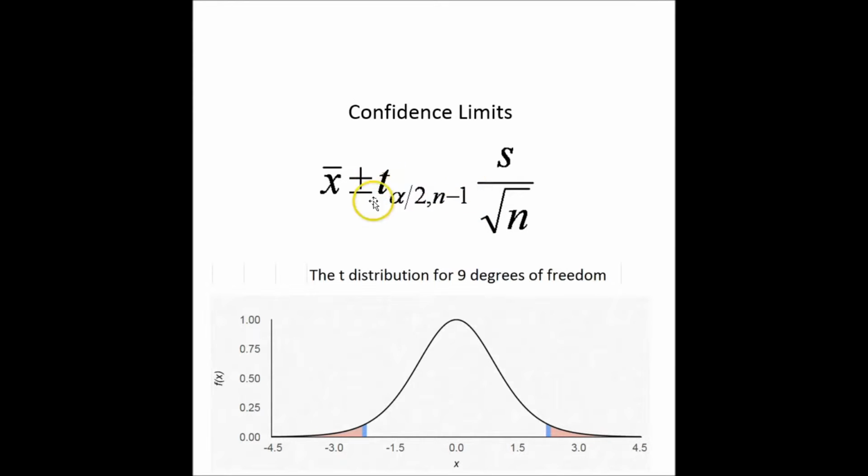So this t value is part of the t-distribution. We take t times the standard error, which is the standard deviation over the square root of n. This quantity, the standard error, tells us how varied our range of values would be.